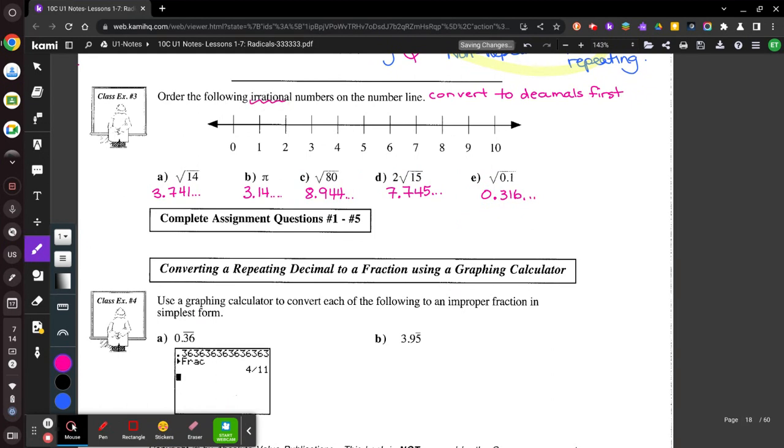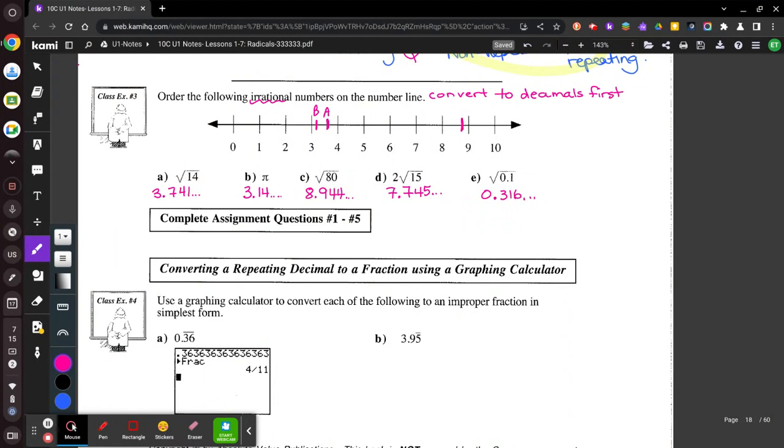Okay, they're run-on decimals. We want to approximate where they're going to be located. If I look at 3.7, 3.7 is between 3 and 4, but it's closer to 4. So I'm going to locate A there. Then I'm looking at B, 3.14. Well, that's right after 3. So there's B. C, 8.944, that's right next to 9.